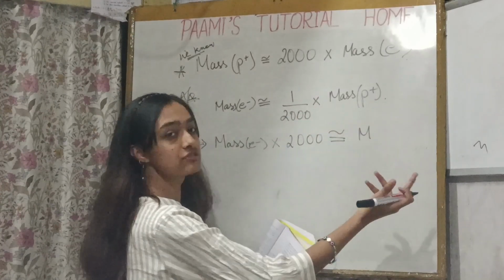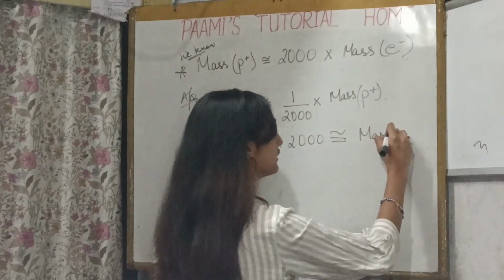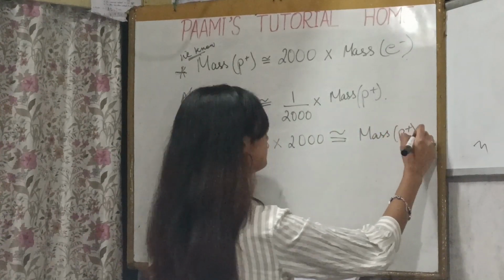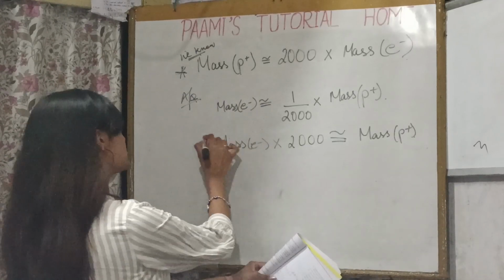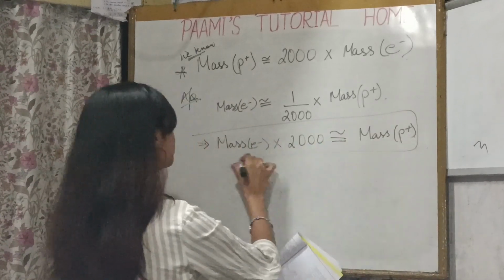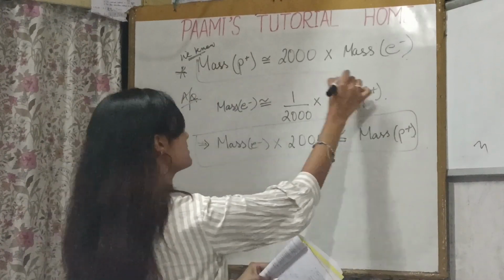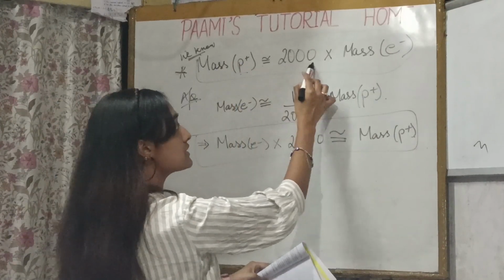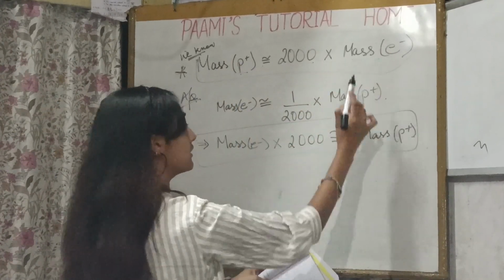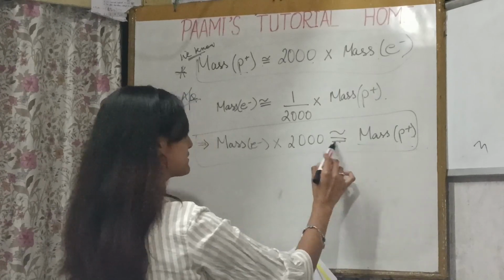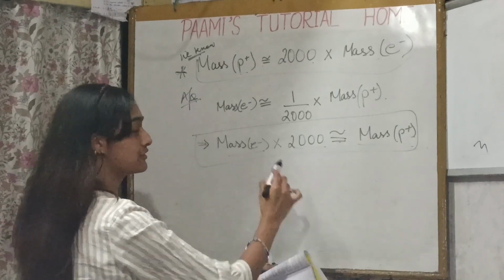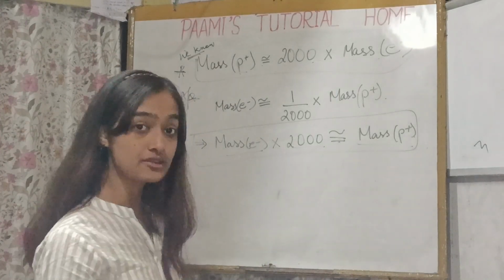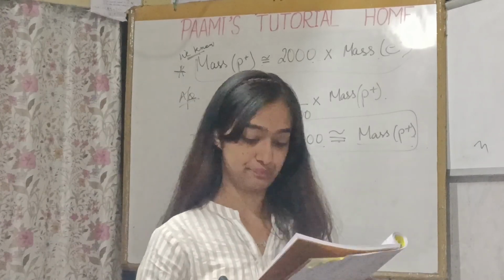Isn't this the same as what we studied? Mass of proton is 2000 times mass of electron. Correct? So this statement is true.